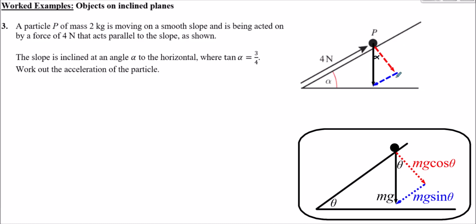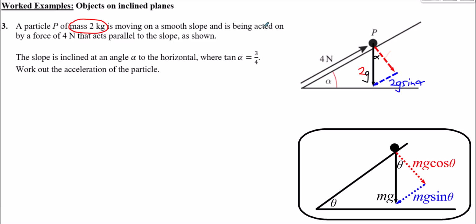Going opposite to this angle will be the mass, which we're told is 2 kilograms. Because the mass is 2 kilograms, the weight will be 2g. So the component of this opposite to this angle alpha is just going to be 2g sine alpha, and the component acting perpendicular to the slope will be 2g cosine alpha.